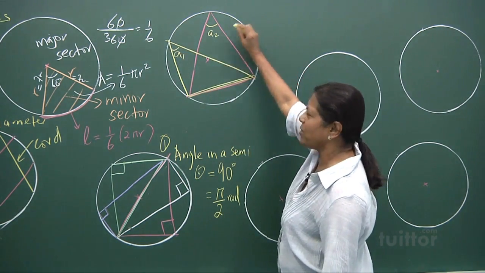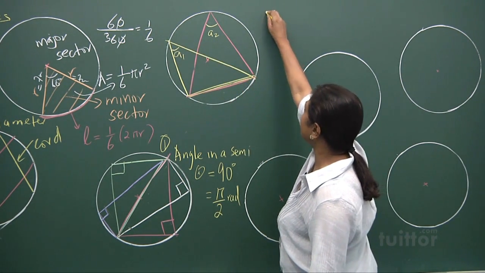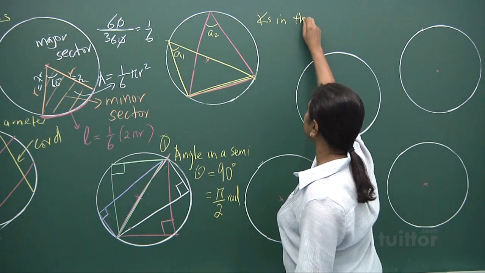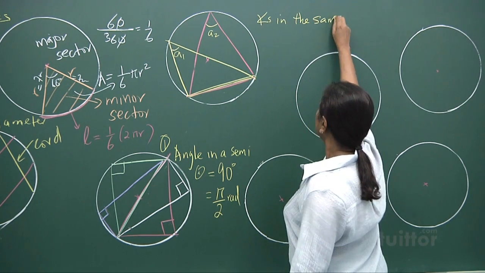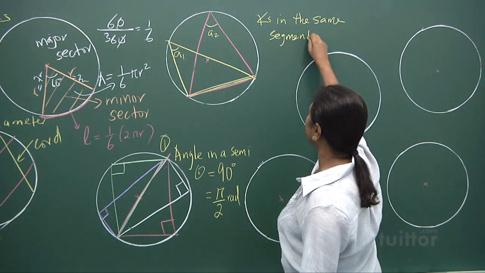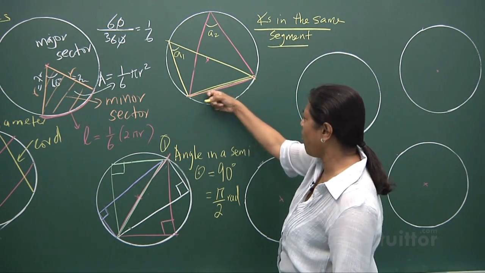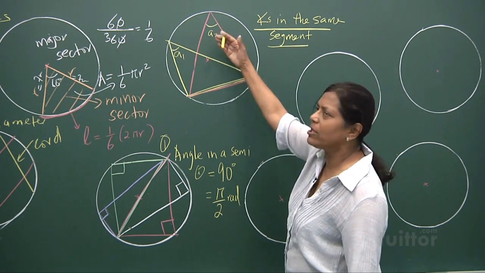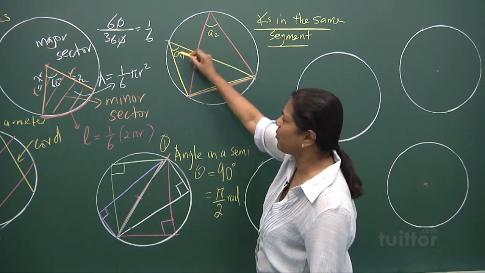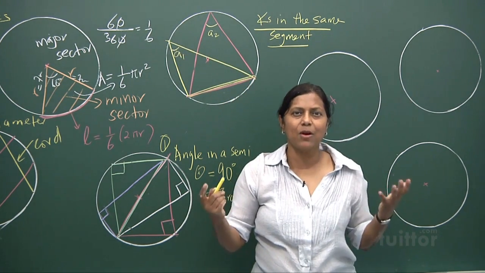The property that we use here, you're looking at the same chord, so we call it angles in the same segment. Now we remember we learned about segments: there's a major segment and a minor segment. When we have a chord, we divide it into major and minor. And these two angles are equal because they're facing the same chord.